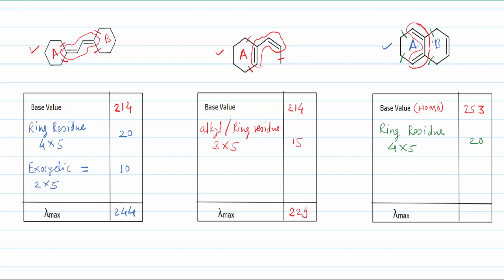For ring A, no exocyclic double bond. So exocyclic double bonds are present here and the exocyclic double bonds are 2. So 2 into 5, it is equal to 10. So the total value, when we add this, we get here 3, then here 8 and here 2. 283, it is the lambda max value for this compound. It is having a homoannular diene system.